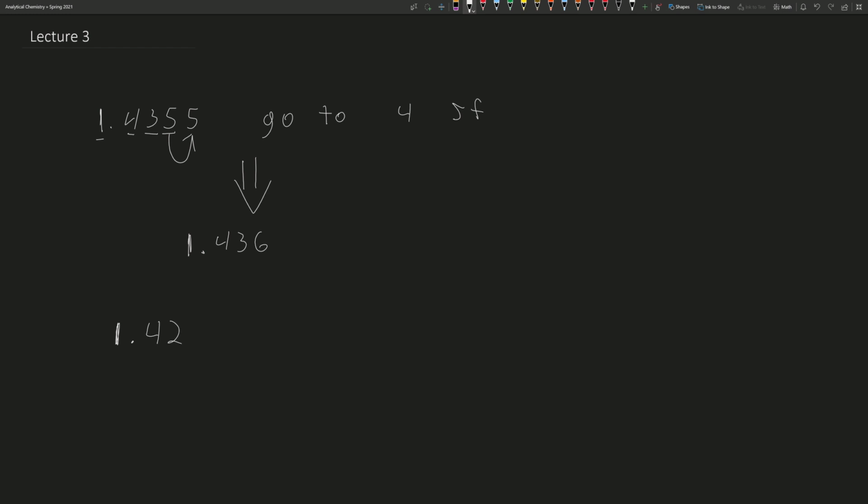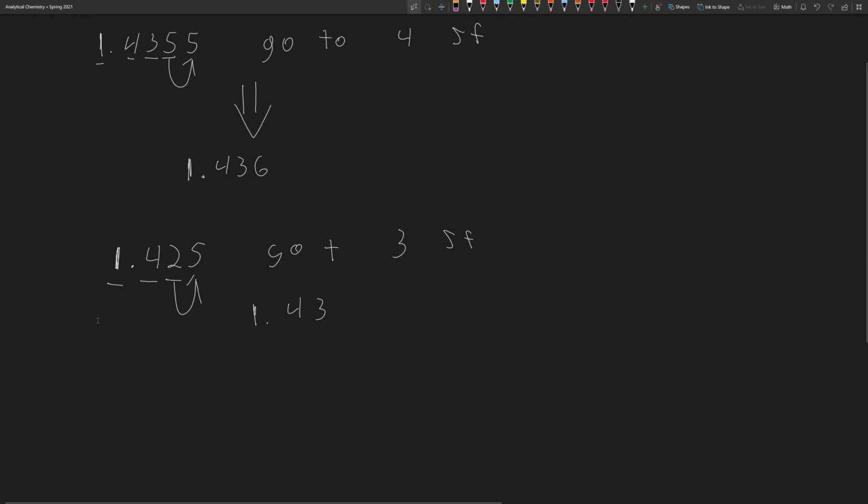We would see 1, 2, 3. Next to the 2, I see the 3. We see that the 5 is indeed 5 or greater. And what we would get is 1.43. So this is what we would technically assume our answer to be based on our normal understanding of rounding.